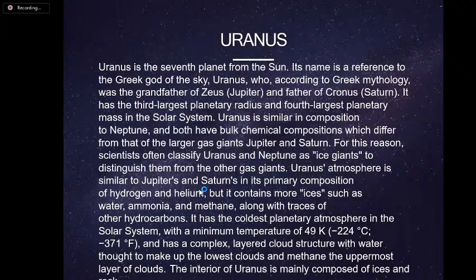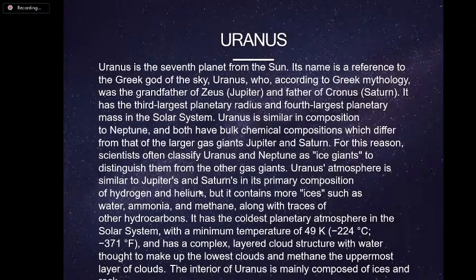Uranus is similar in composition to Neptune, and both have bulk chemical compositions which differ from that of the larger gas giants Jupiter and Saturn. For this reason, scientists often classify Uranus and Neptune as ice giants to distinguish them from the other gas giants.